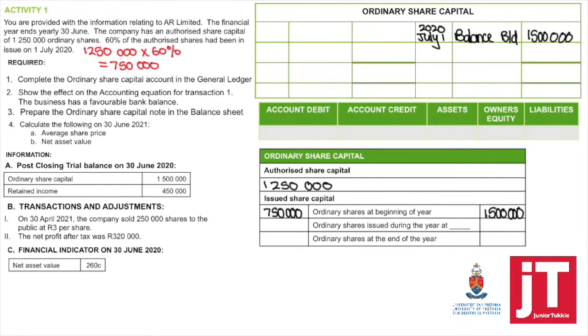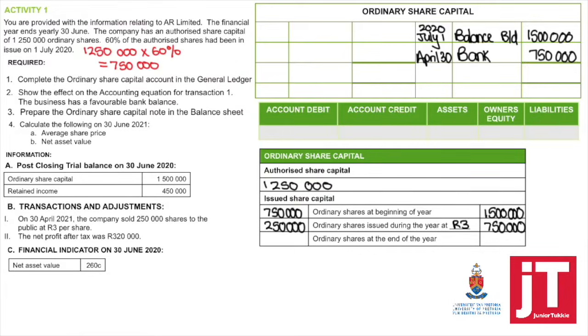On 30 April 2021, the company sold 250,000 shares to the public at R3 per share. So in my ordinary share capital note, 250,000 ordinary shares issued at R3 per share, so the total capital is 750,000.